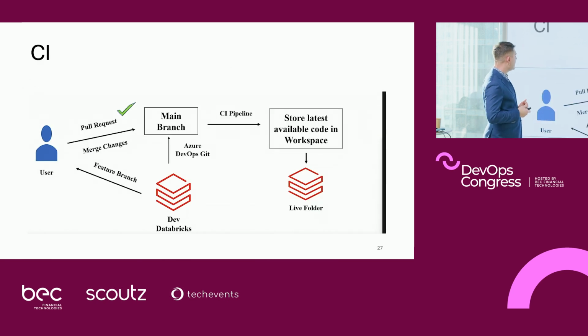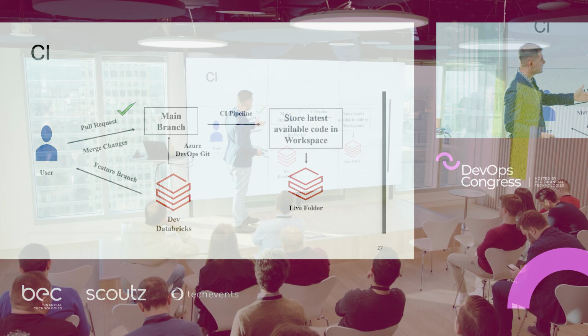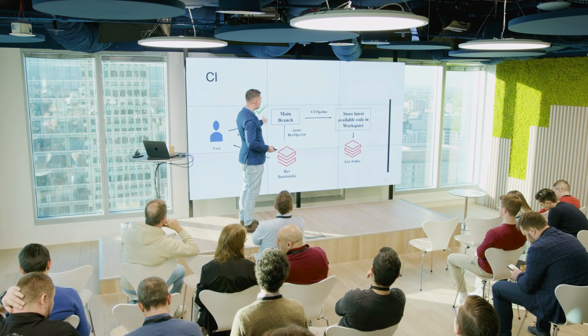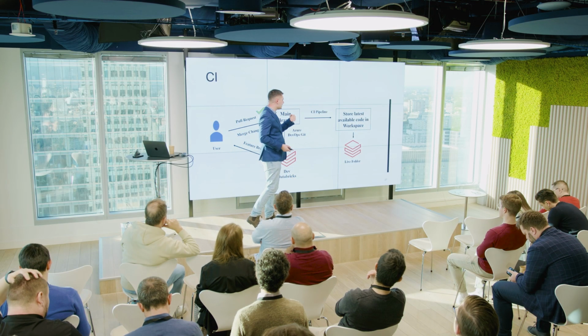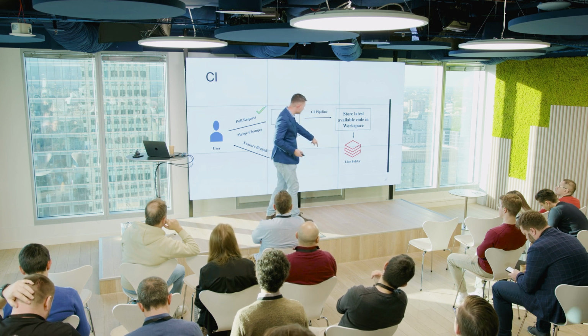And CI is not so complicated. I think it's easier than in the normal DevOps approach. So we can tell our developers to use pull requests. Then we write a CI pipeline, and from the pipeline we are putting our code into something named the live folder.